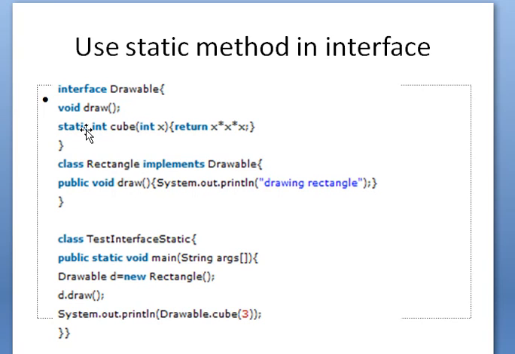To call or invoke a static method of a class we use the class name or interface name. So here to execute this method we use the class name or interface name. An interface is also like a class, so we can write the interface name dot cube. In this way, we can access a static method of an interface. I hope you understood this.